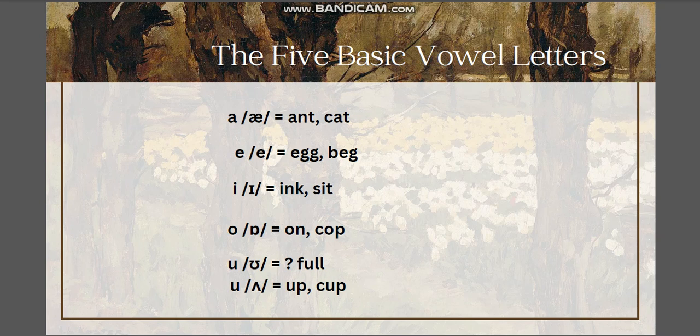The fourth one is o, short o, not the long o. You can see the symbol for it is like an inverted letter A. And then u for you. Okay, we go to the next slide.